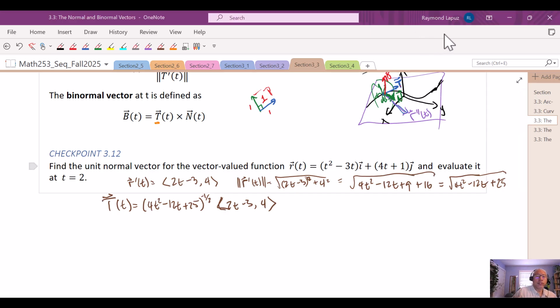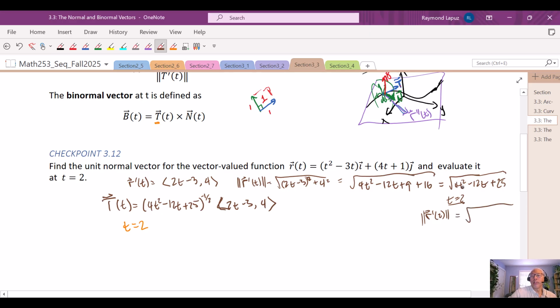So now we want to find this at t equal to 2. So let's put 2 in here. Then the magnitude of r prime of 2 is going to be the square root of, what do we have? 16 minus 24 plus 25.